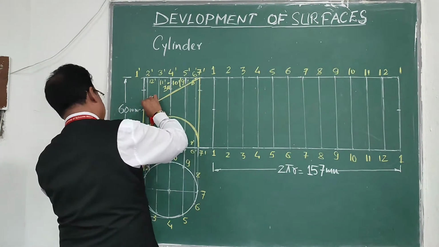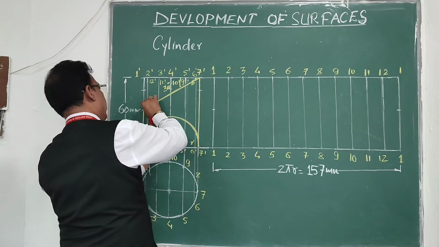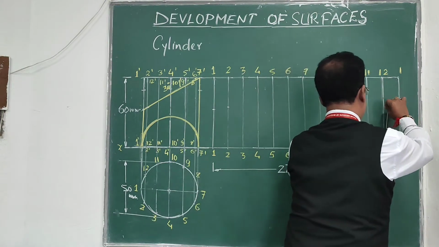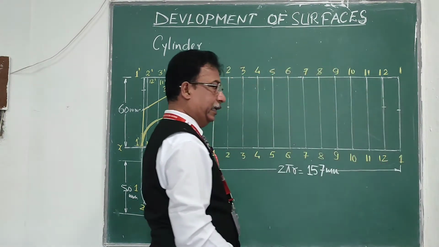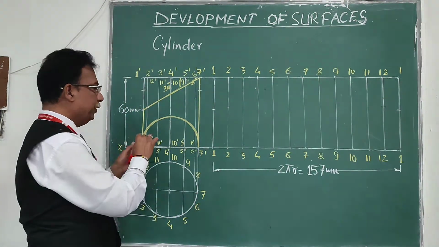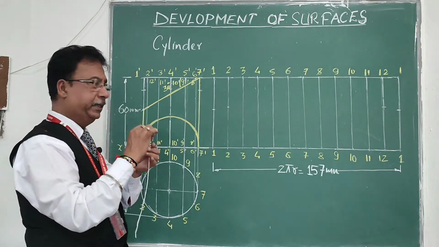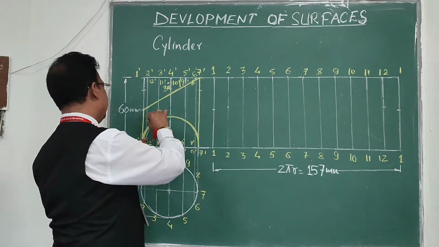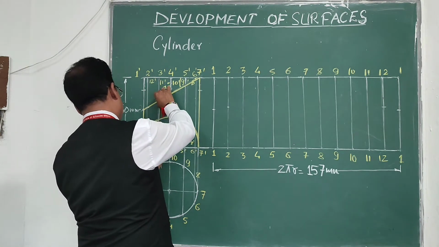Then next distance, this will be on 2 and 12. So I can easily mark on 2 and 12. Either you can move parallel or you can use the divider also. Better you have a roller scale, so you can draw parallel lines. I am using this divider method.